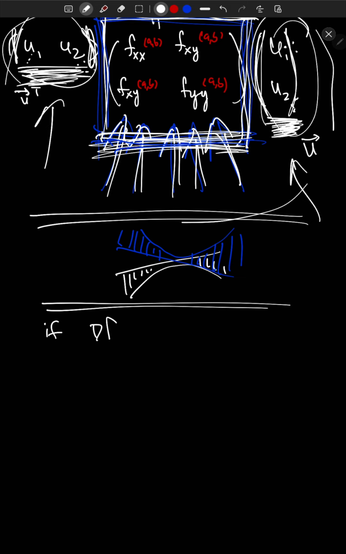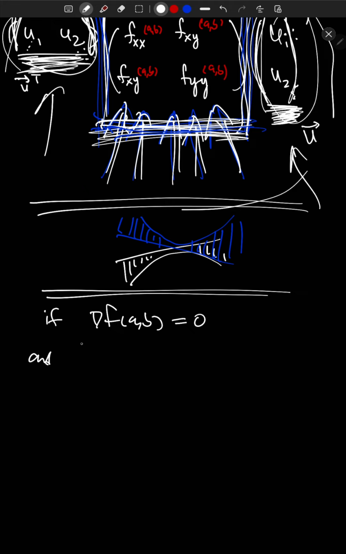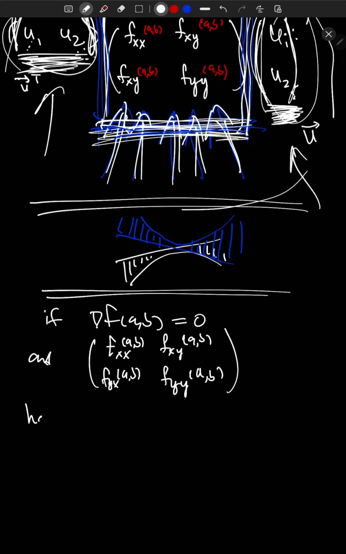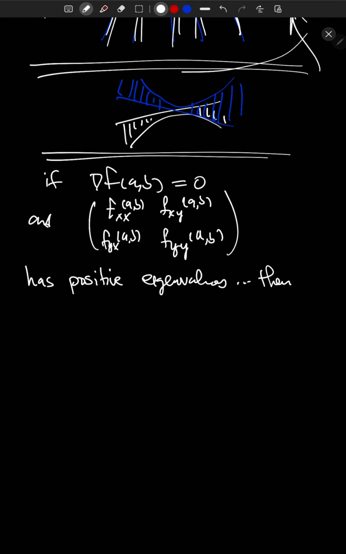If the gradient of f at (a, b) equals 0, and the matrix fxx, fyy, fxy, fyx, all of this at (a, b), if this matrix has all positive eigenvalues, then it's a local min.